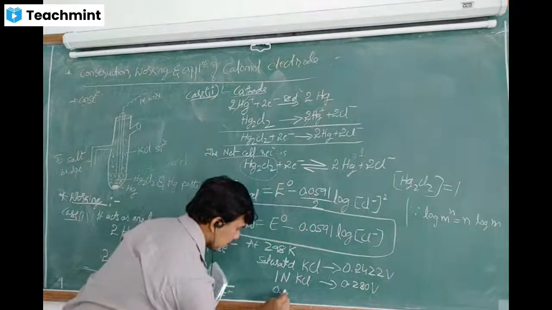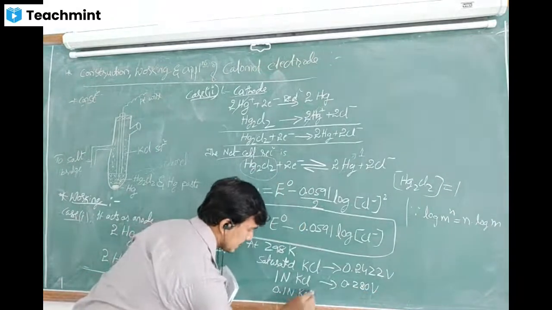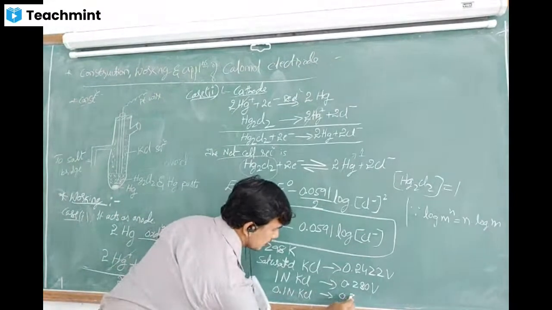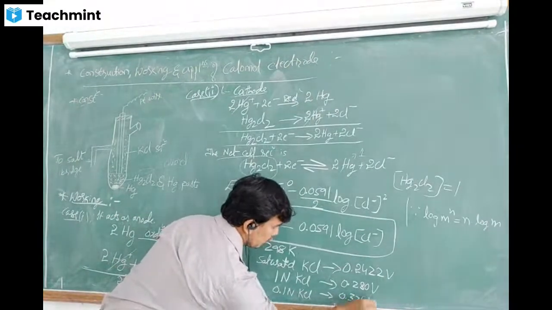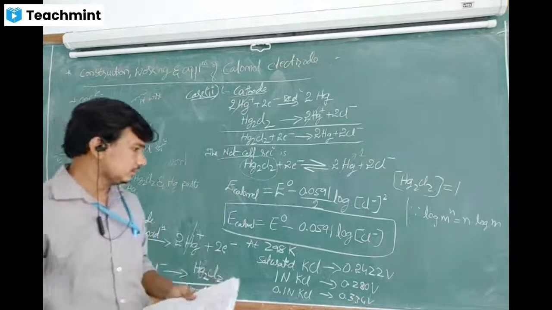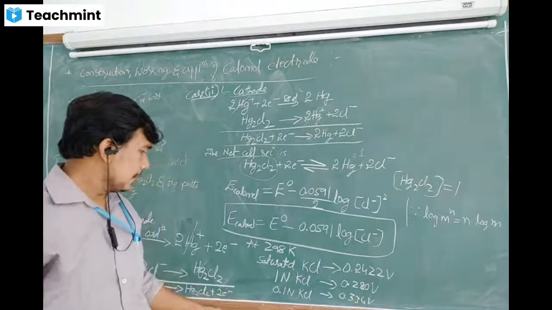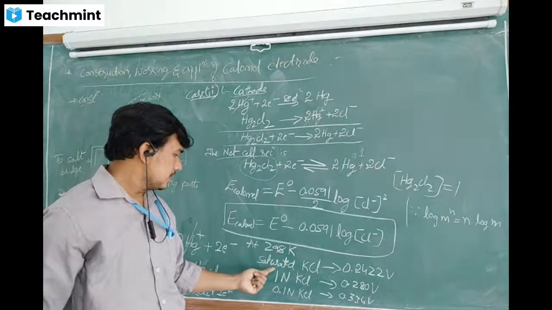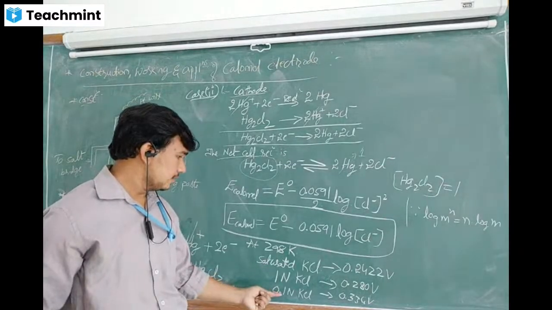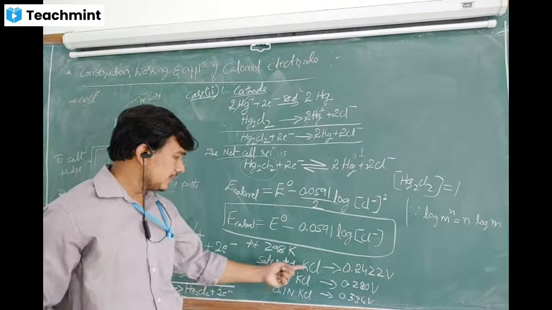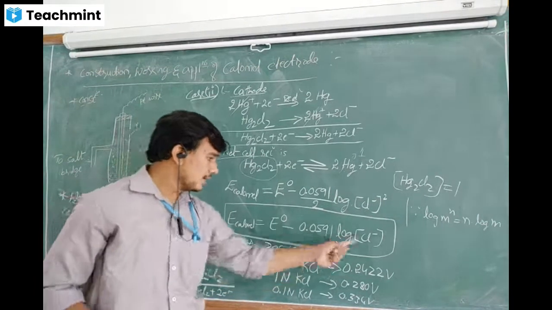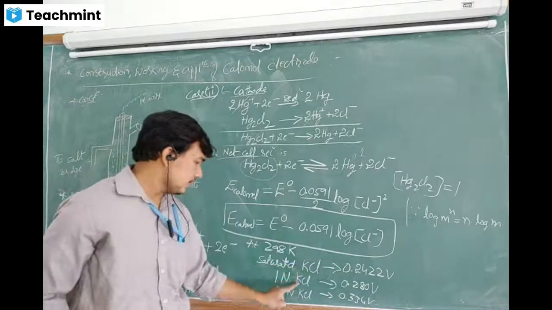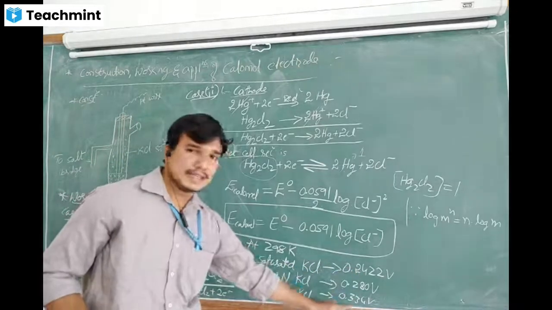If you use 0.1 normal KCl solution, we will get 0.334 volt. See here, if we increase the chloride ion concentration, the electrode potential is less. If it decreases, the potential increases.